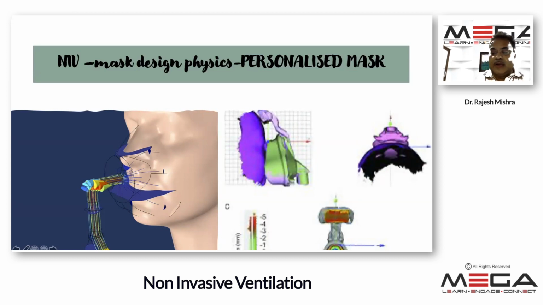That's where mask design physics can help us. We look forward to a mask which can be tightly fit, avoiding any leak, giving us the best comfort and the best ventilation. And if we are able to achieve that, probably the use of NIV will increase even more.